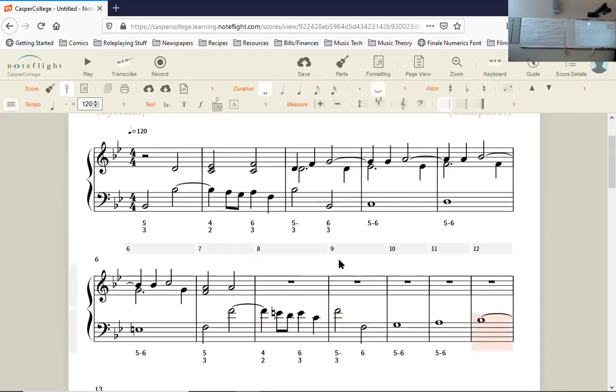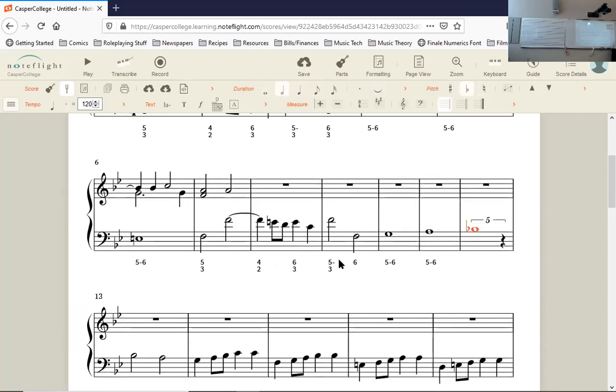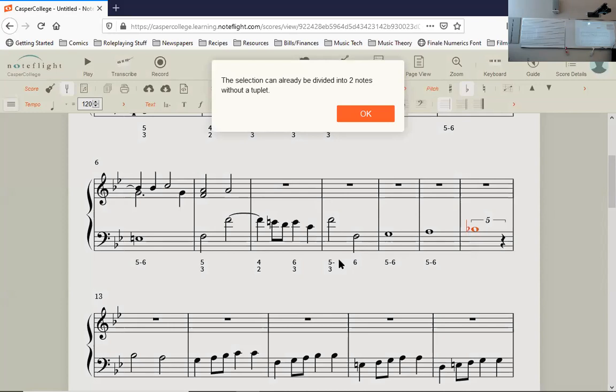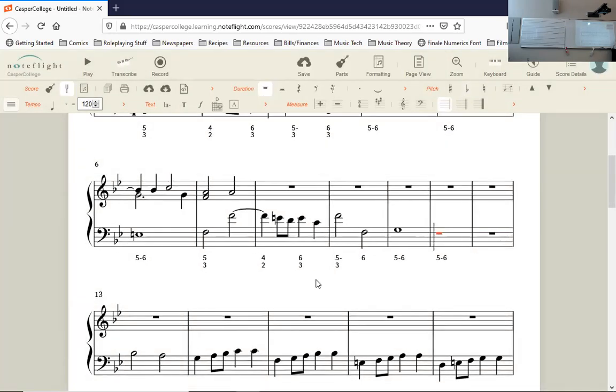Can I see the next part? Oh, did I do something wrong? No, quintuplets. I'll do that. How do you put... Delete it and try again. And put an exclamation here, but it won't be here.